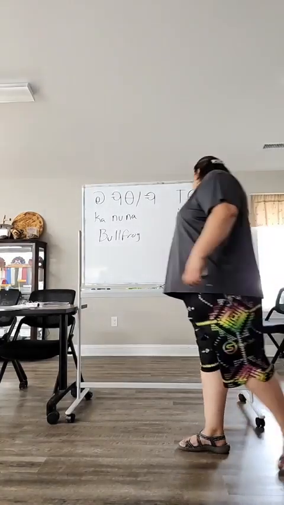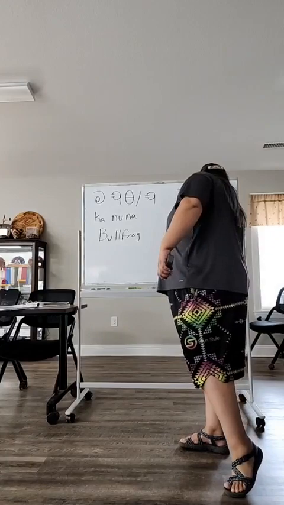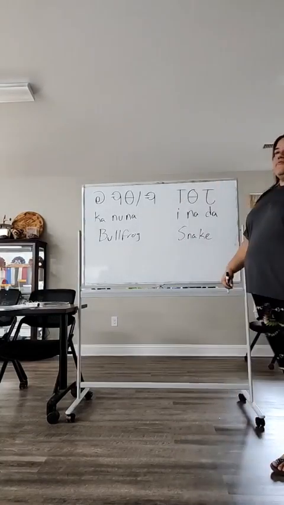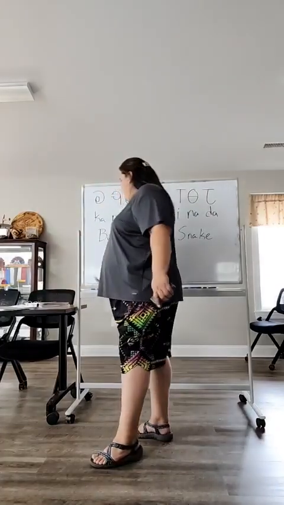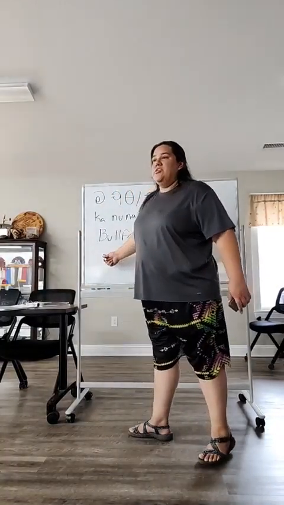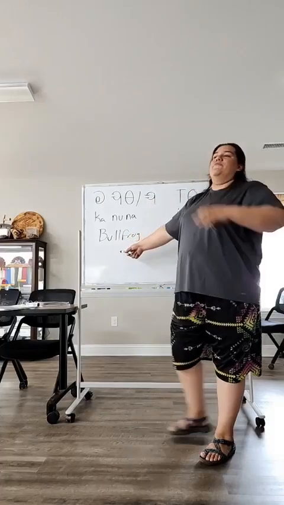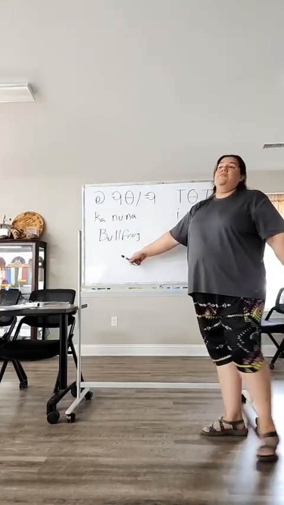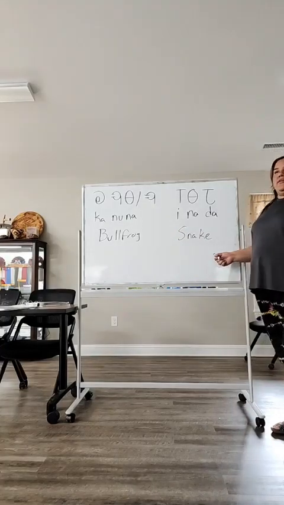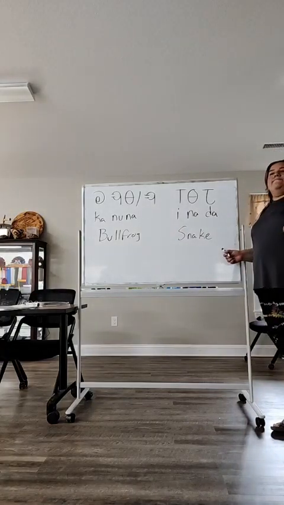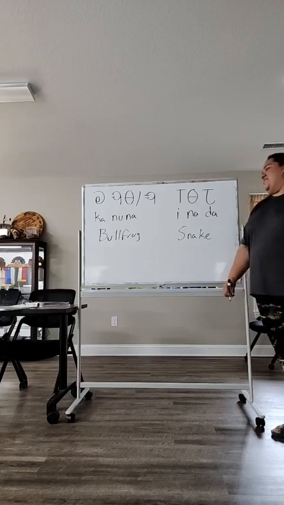Yep, snake. That's our word for snake. E, na, da. So, Dohadishko bullfrog. How do you say bullfrog? Kanuna or kanunu, right? Dohadishko snake. How do you say snake? Inada.